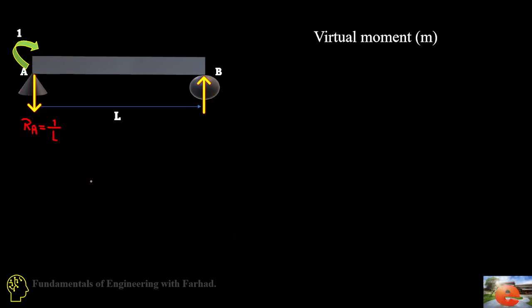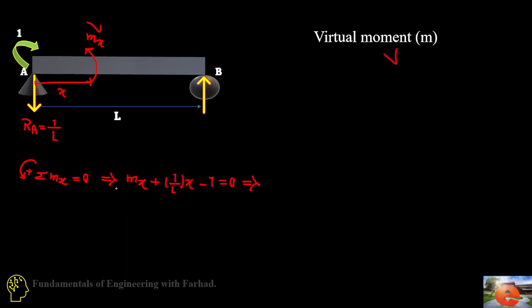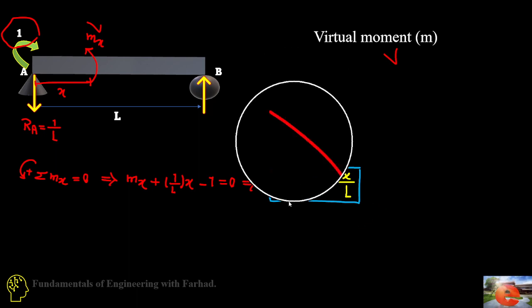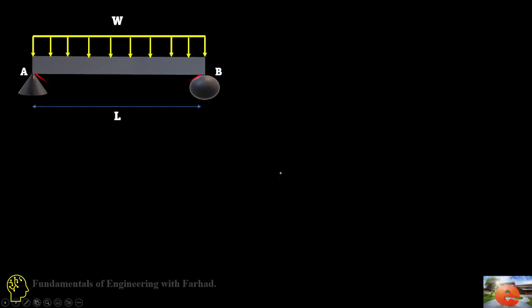As soon as we have RA, we can write our equation for the small m, the virtual moment. The summation of moments about the cut goes to 0, which gives us m(x) plus 1 over L times x minus 1 equals 0, so m(x) is equal to 1 minus x over L. As soon as you have this equation, you can simply apply the equation of virtual work: 1 times theta at A equals the integral of m times capital M over EI dx.